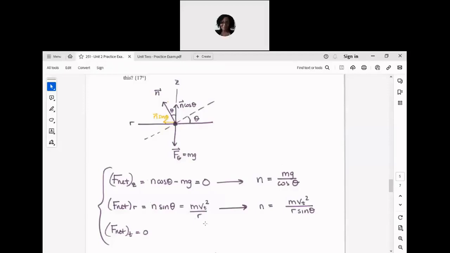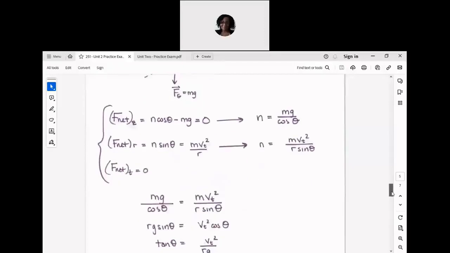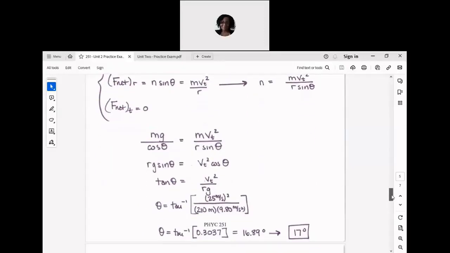I have it written out as mv squared over r. The normal force shows up in each of these expressions, so if you solve both of them for the normal and set them equal to one another, then we can determine what the angle theta is that allows this particular banked surface to support a car that's traveling at 25 meters per second without relying on static friction.